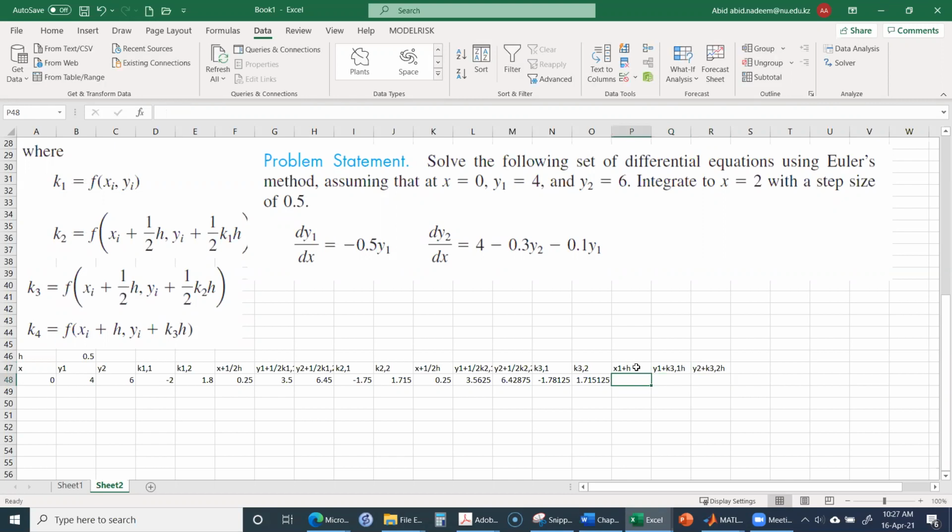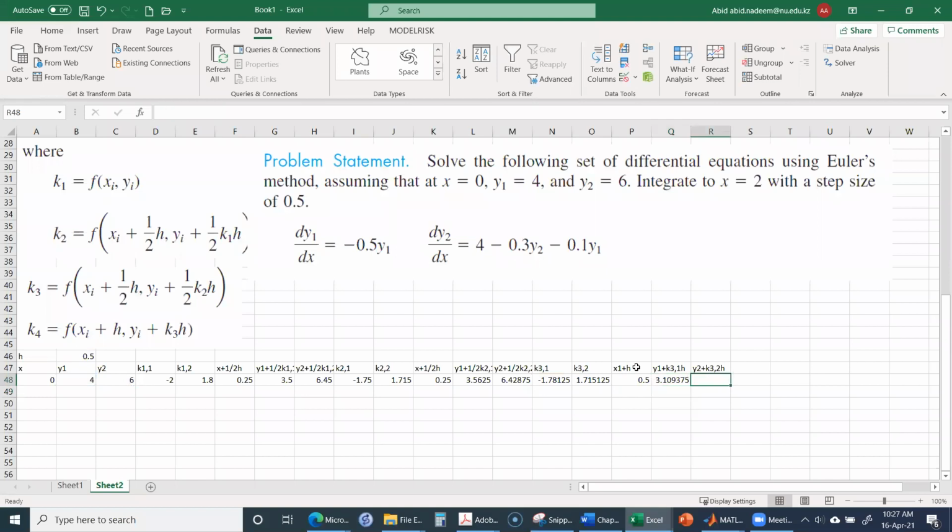So it is equal to x plus h here, and then y1 is 4 plus K3 of the first one times h, which is here.